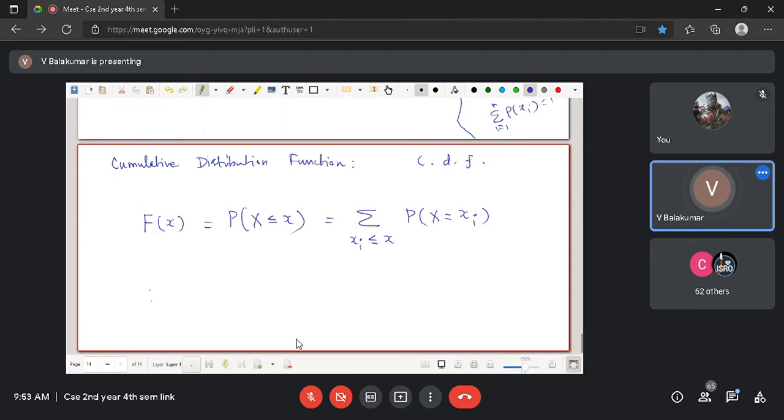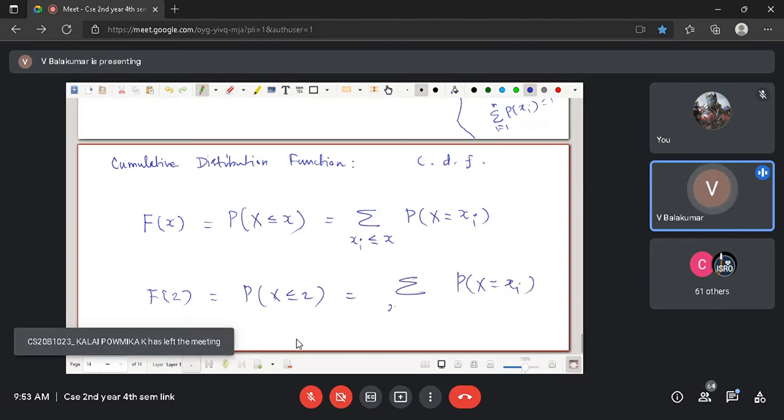Now compare, you need cumulative probability till 2. Then you need probability for any number where that number is less than or equal to 2. You know that xi is 0, xi is 1, xi is 2. All these three values will satisfy here. If you write xi equal to 4, it is not satisfying this summation condition.